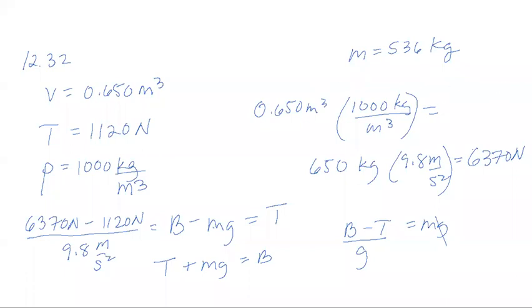All right, by definition, force buoyant equals weight of the object. It's floating, so it's going to be mg. So that's going to be 536 kgs times 9.8 meters per second squared. Let me clear up some of the space.